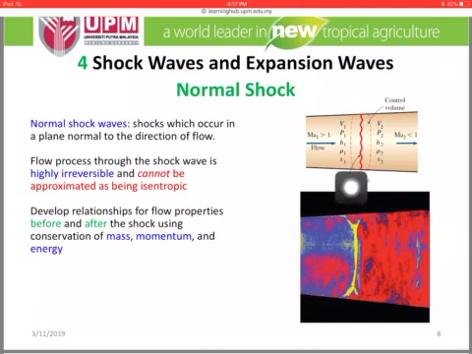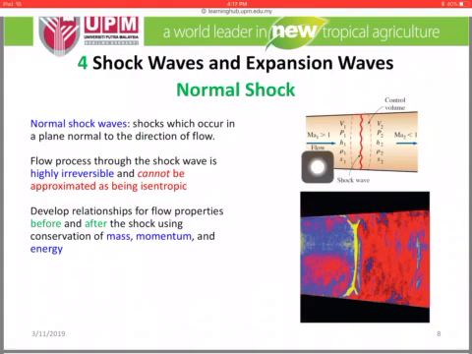If you look here, there are properties of velocity, pressure, enthalpy, density, and also entropy. They will change after the shock wave. And here the Mach number is bigger than 1. And what happens after the shock wave? The Mach number is reduced to below 1.